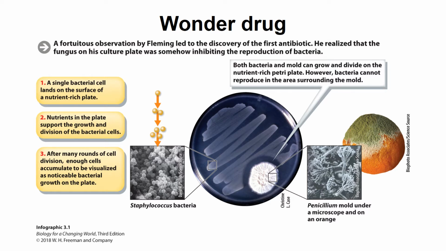Next to the penicillin, you see a ring where there's no bacterial growth. That caught the attention of Dr. Alexander Fleming, and he repeated the same experiment, and every single time he got the same results. Near where the penicillin was, there was no bacterial growth, and essentially he knew he had discovered something that was going to change the world.